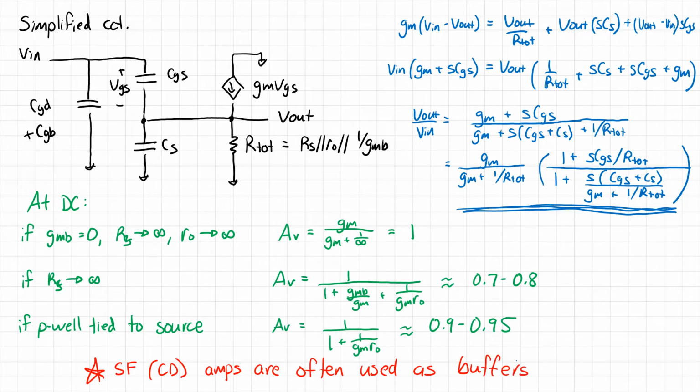If you just want to buffer a signal off chip so you can observe it, or you don't need any gain but you need to isolate stages, a source follower is sometimes a good idea. There are issues with source followers that we'll explore, but they can be effective operating as a buffer.